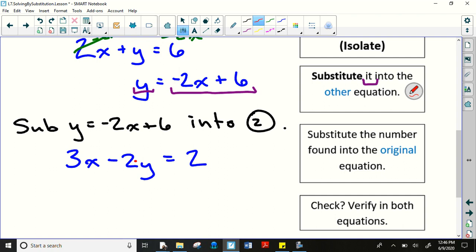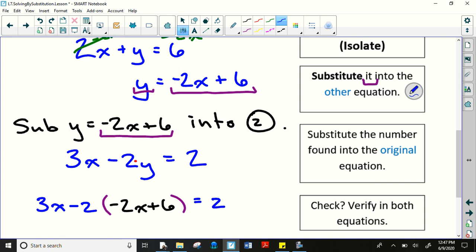That's the math that's happening. But we are going to replace the y with the equation we isolated for up here, because here it said y equals, so we're going to plug it in for y. The 3x stays the same, the minus 2 stays the same, but this negative 2x plus 6 gets plopped in there where the y was, and then the equation just equals 2.